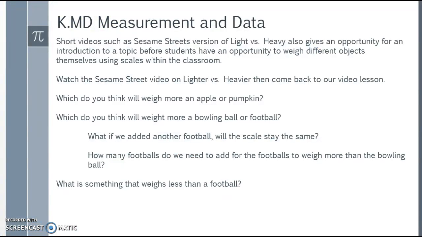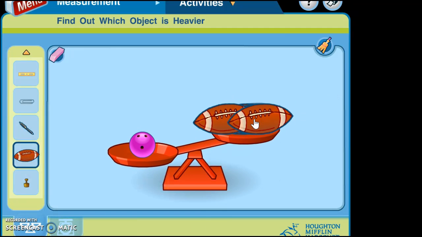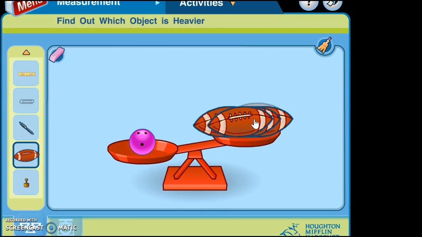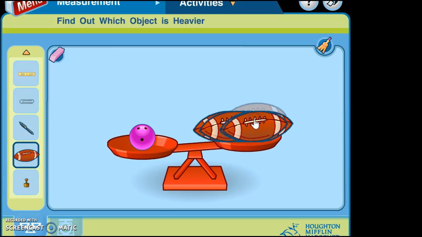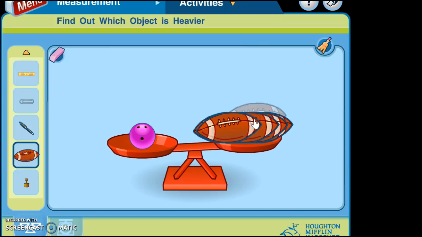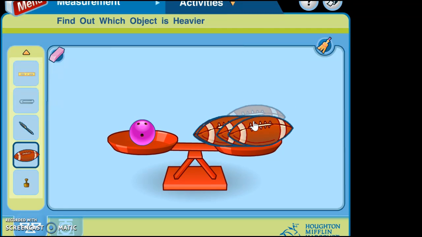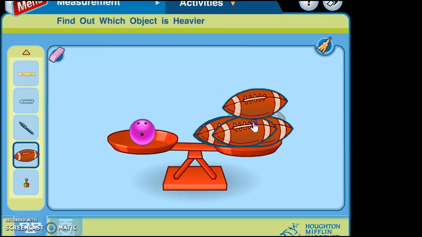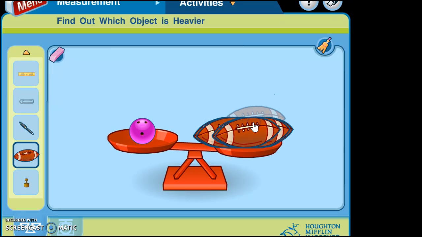How many footballs do we need to add for the footballs to weigh more than the bowling ball? So far we added 2, 3, 4, 5, 6, 7, 8, 9, 10, 11, 12, 13, looks like we're weighing the same, 14, looks like we're starting to tip the scale, 15, 16, 17, 18, 19.